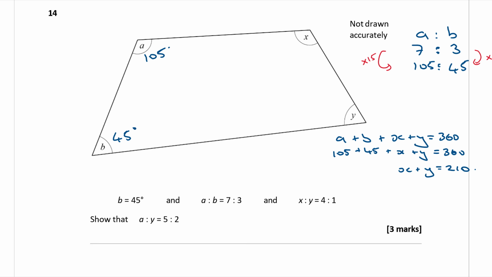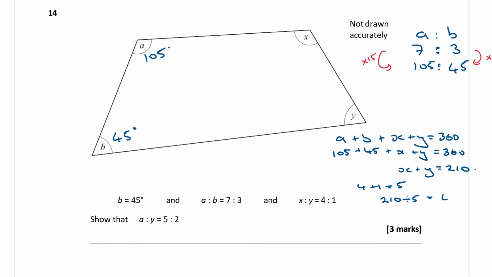Okay, so now I've got 210 degrees to share between x and y. And I know that x and y are in the ratio of 4 to 1. So I can do a divide by a ratio question now. I've got 4 parts and 1 part, so that adds up to 5 parts. I know that 210 divided by 5 is 42, isn't it?